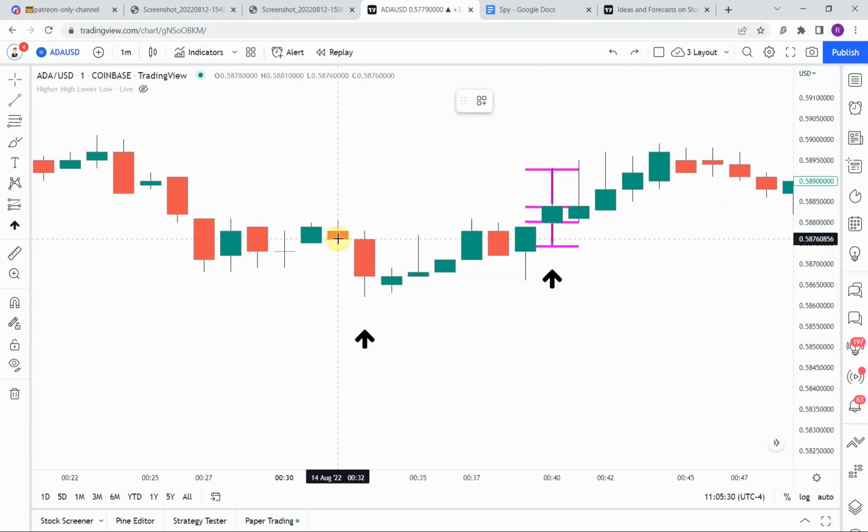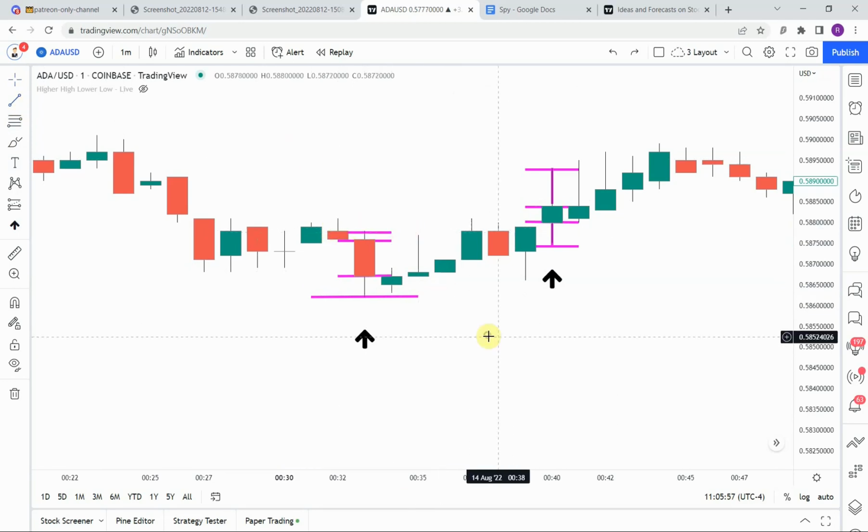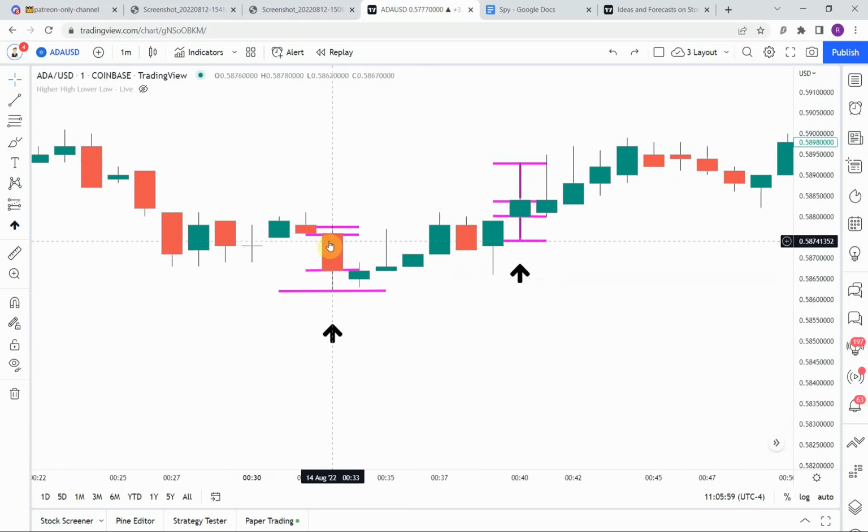We have the open right here of this candle, and if we hover over it, we can see that it opened at 0.5876, and then we have the close of the candle right here. We have the low of the candle right there, and we have the high of the candle right there.